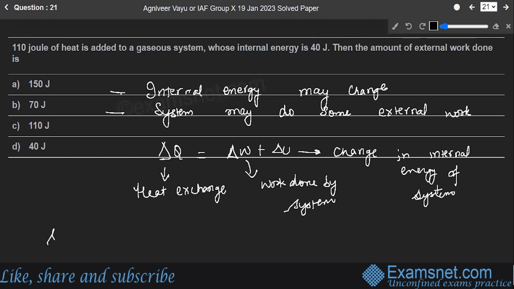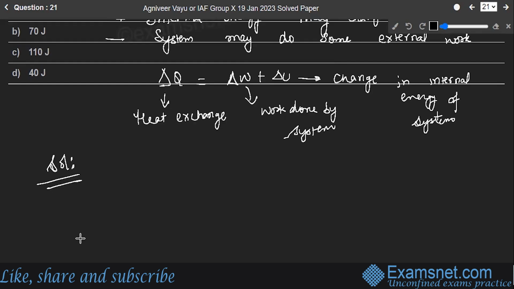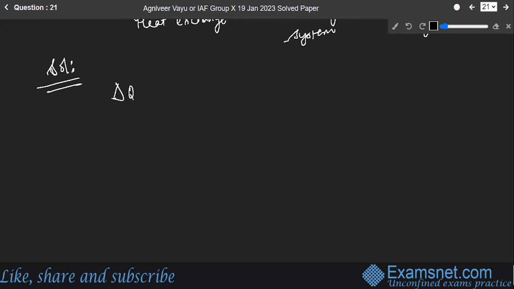Now according to the given question, you are given that delta Q is equal to 100 joules, delta U is equal to 40 joules.